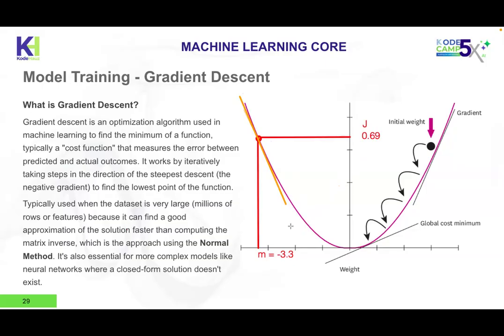Because the gradient is negative, what does it mean? It means I have to adjust the value of the parameter in a positive direction. So what that means is, the gradient is negative, so I have to adjust the parameter in this direction. That's a positive direction for me to reduce the error.